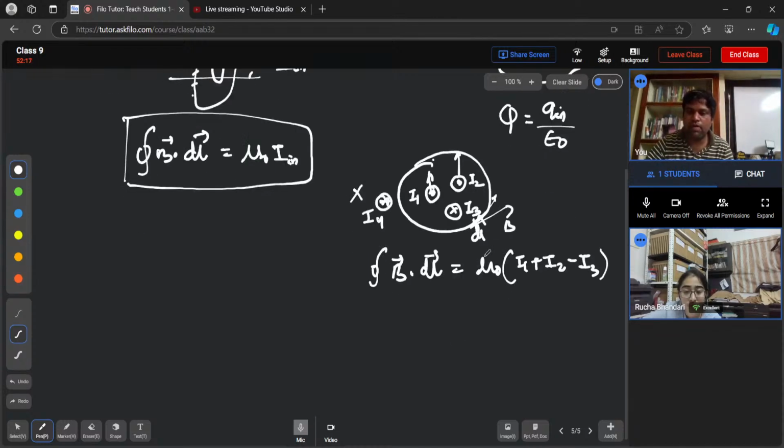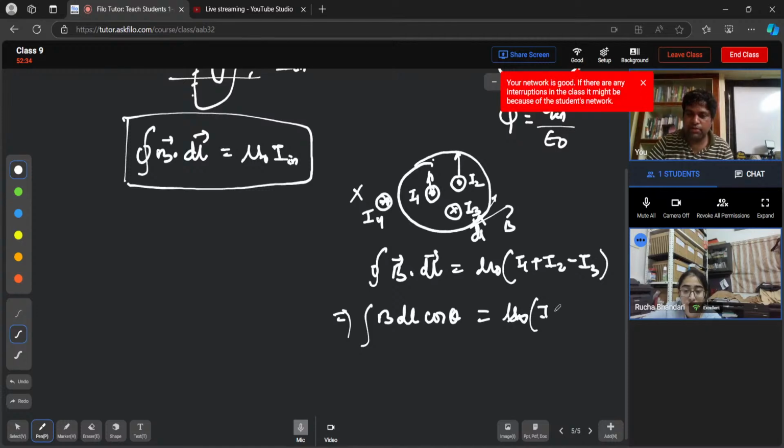We can also write the dot product as B dl cos theta. This is how we use Ampere's law.